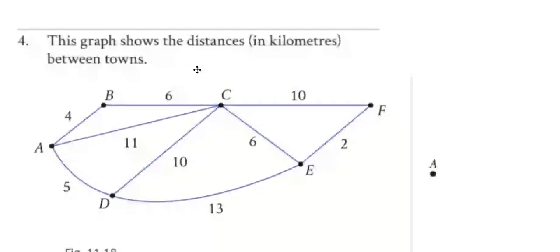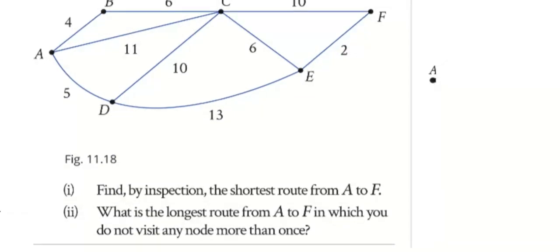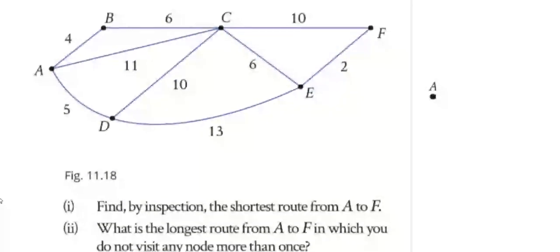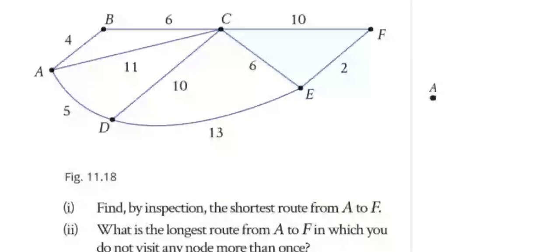This graph shows the distance in kilometers between 2 towns. By inspection, find the shortest route from A to F. So to get to town C, we have 2 ways to get from A to C. A to C can happen via B, which would be a distance of 10, or it can happen directly from A, which is 11.